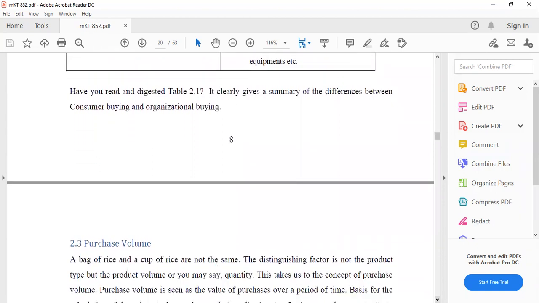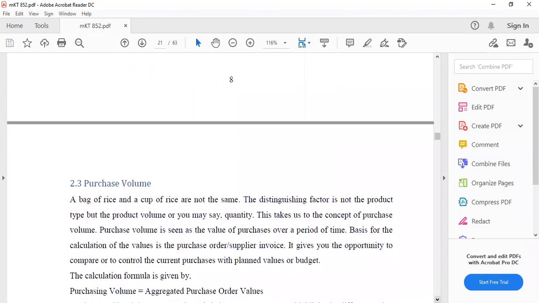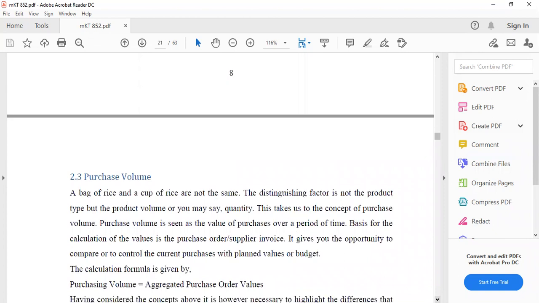We are saying that the purchasing volume of an organization is always much more than that of an individual buyer.